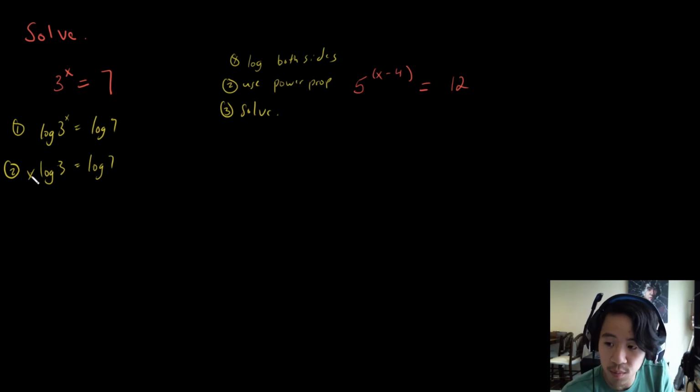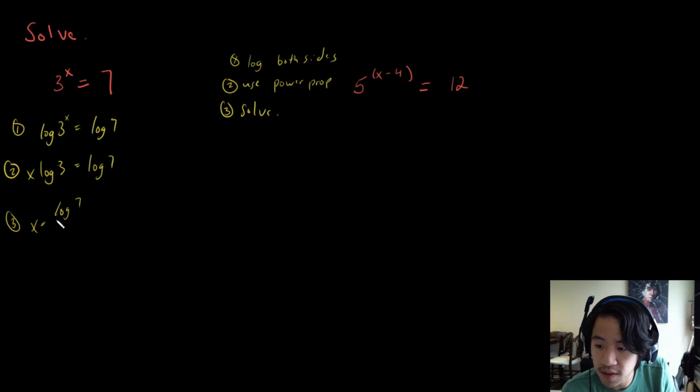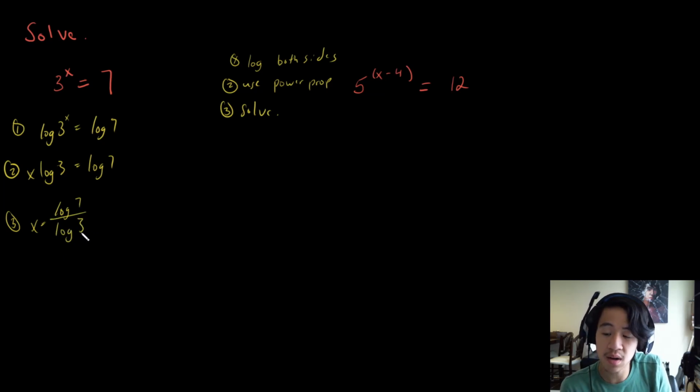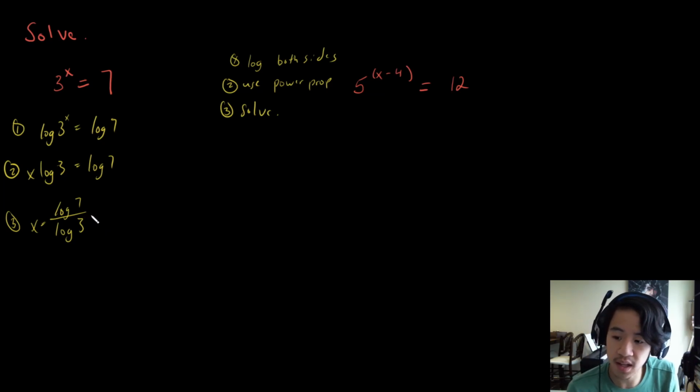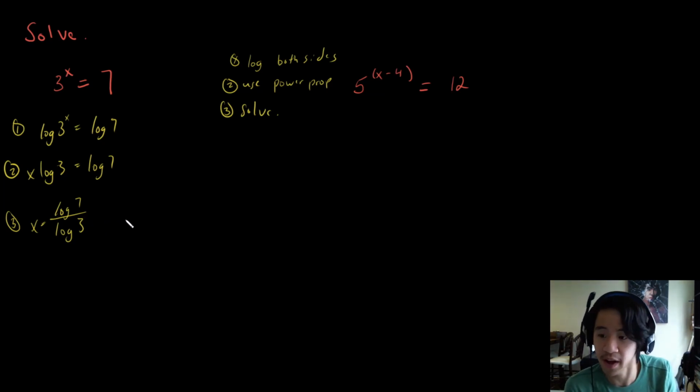To get x by itself, we divide both sides by log of 3. So x is equal to log of 7 over log of 3. We could leave it in this form, which would be fine, or put this into the calculator and get a numerical decimal value. But for now, I'm going to leave this in here.